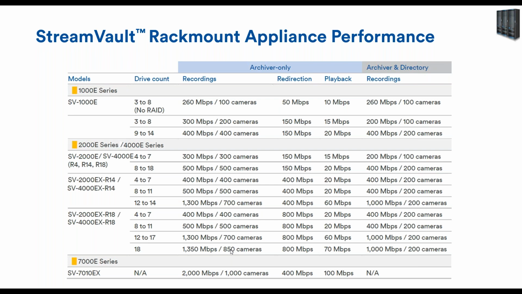You can only put 850. The reason is the more cameras you have in your system, the harder the server is actually working. So to achieve the 1.3 gigabit per second that we see here, you need to have streams of at least 4 to 5 megabit per second per camera. That means 1080p with roughly 15 frames per second and above.